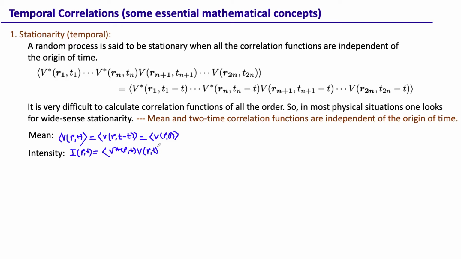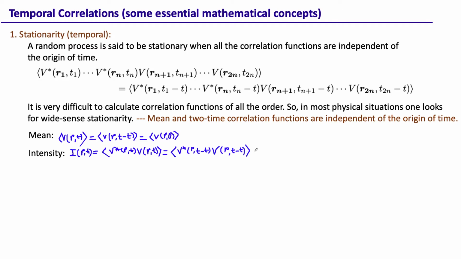Now, if this has to be independent of the origin of time, then we have to have that V star R, t minus t, we are just shifting it by time t, and V R, t minus t.